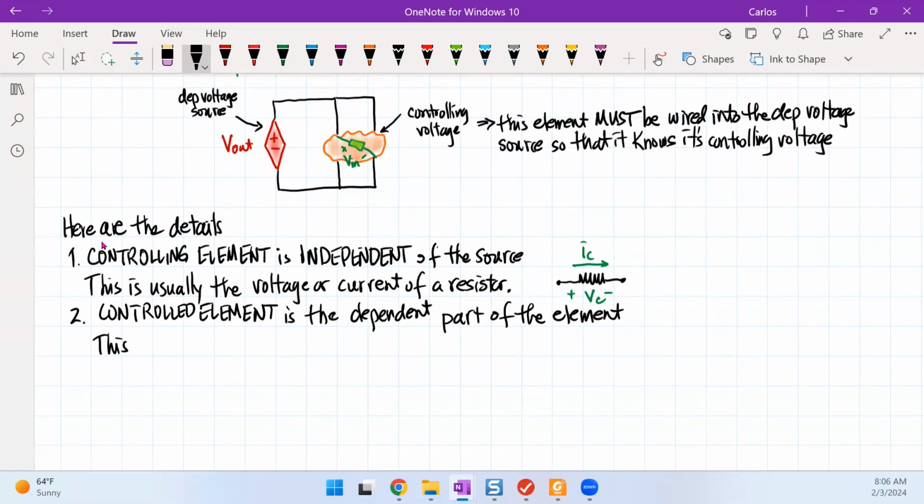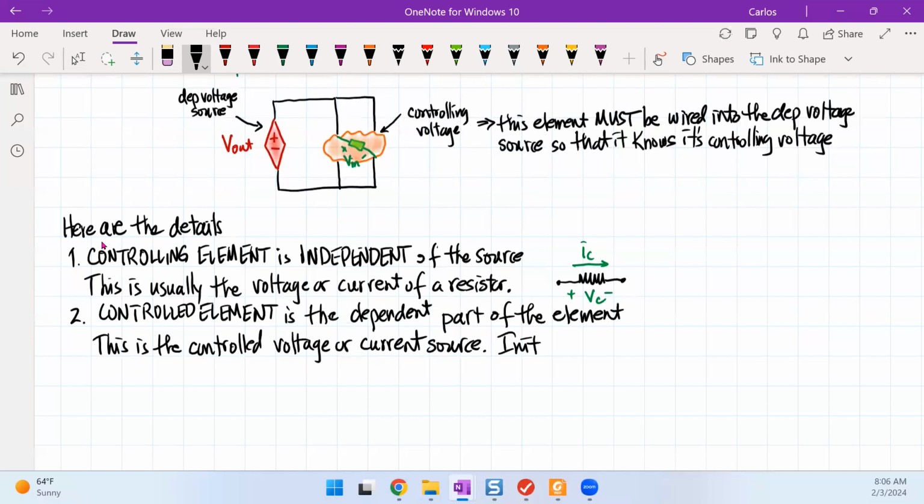This is the source or the controlled voltage or current source.